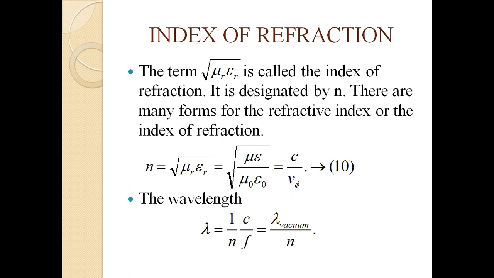They are n equal to root of mu r epsilon r, and that is equal to root of mu epsilon by mu 0 epsilon 0, which is equal to c by v phi. So, the index of refraction is the ratio of the velocity of light in vacuum to the velocity of light in the medium.